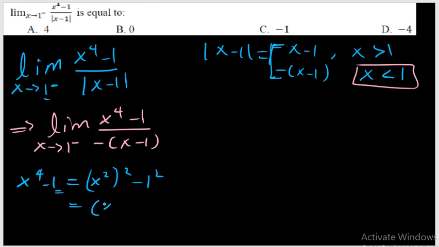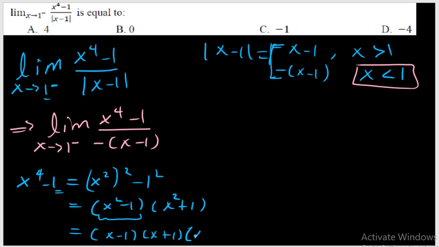Again, this is the same as x square minus 1 and x square plus 1, like a square minus b square will be a minus b and a plus b. Again, the one in the first bracket can still be expanded and written as x minus 1 times x plus 1, and the next bracket as it is, x square plus 1.